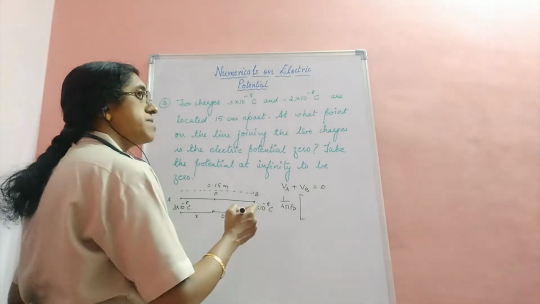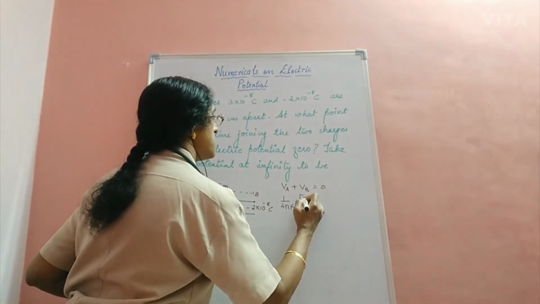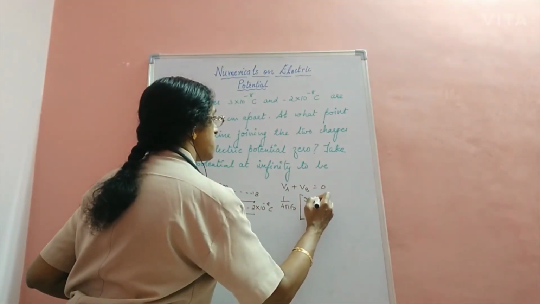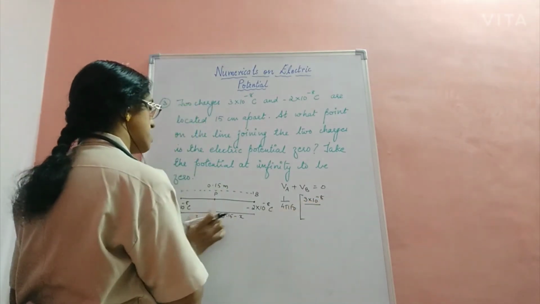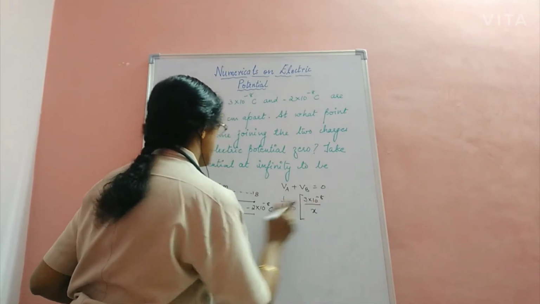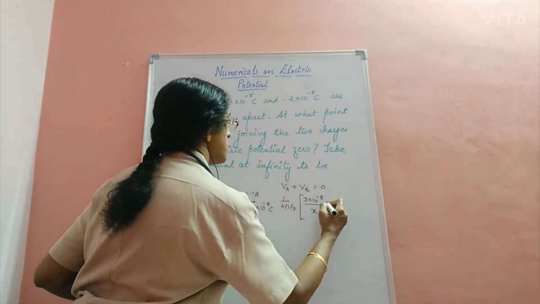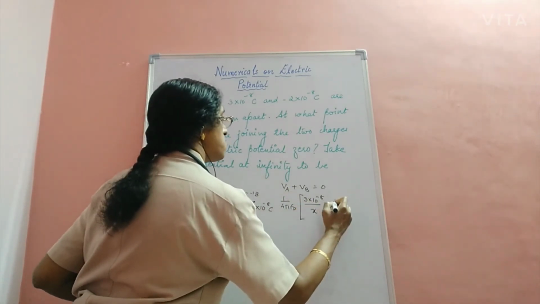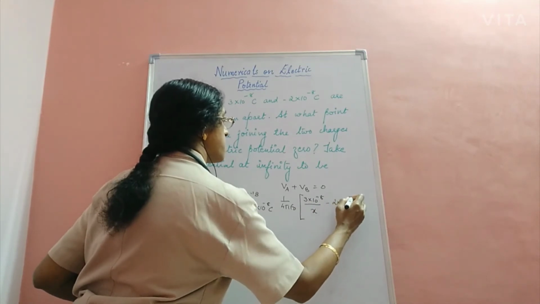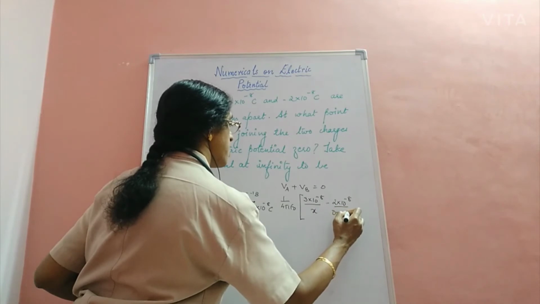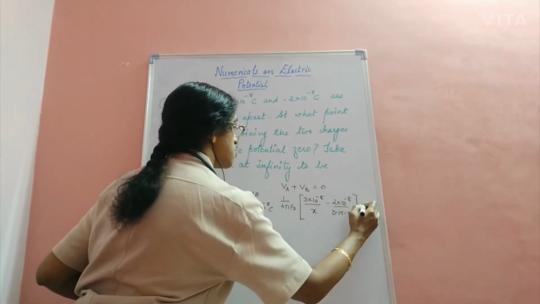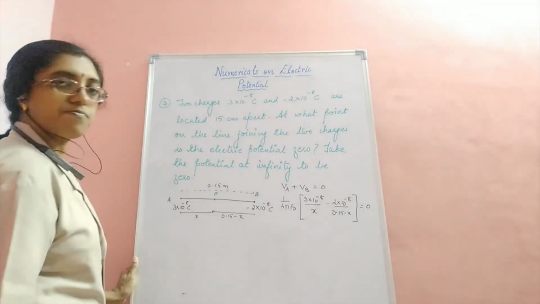So it would be 3 into 10 to the power of minus 8 upon x, then the next charge, minus 2 into 10 to the power of minus 8 upon 0.15 minus x, should be equal to 0.